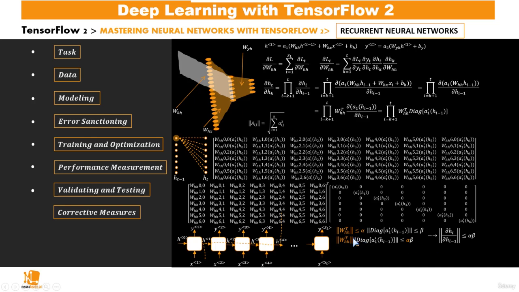Since the L2 norm of this matrix times this matrix is less than or equal to the separate L2 norms, we could confidently say that the L2 norm of h with respect to its previous h is less than or equal to alpha times beta, since we had right from here that this equals this.